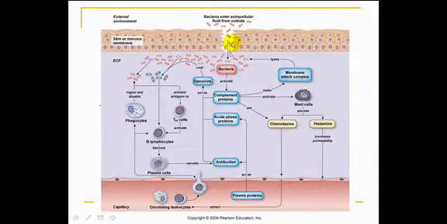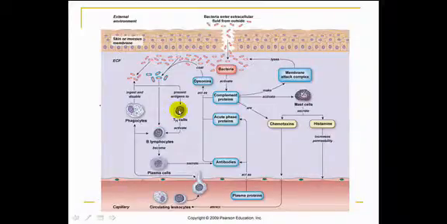So you have a bacteria that gets through your first line of defense, like the skin, and enters into the tissue, into the extracellular fluid. Now the bacterial antigen can do a few things. One is it can get ingested by a phagocyte, and the phagocyte can then go and present it to the T helper cell.